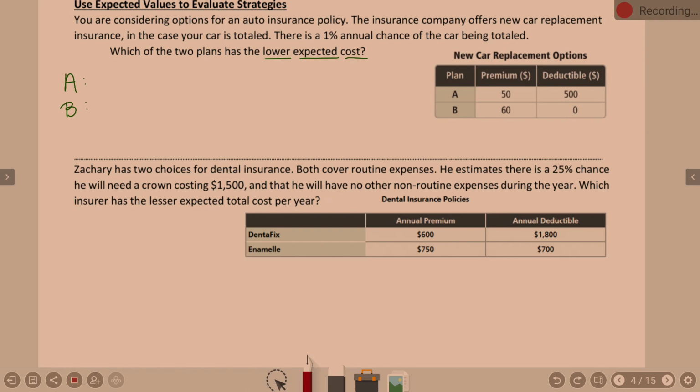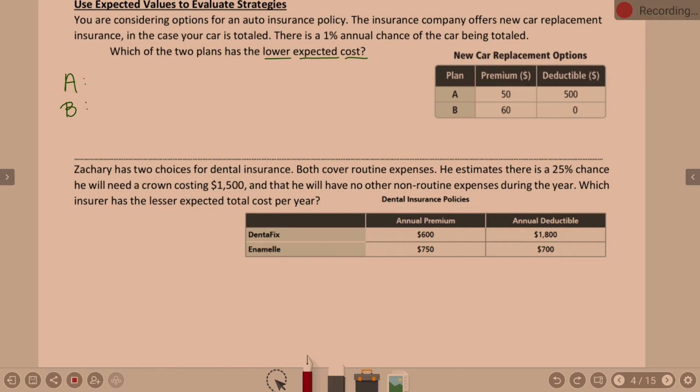Maybe it's just to get that deductible. I don't know. And in that case, it's a $500 deductible. So if you have to use the insurance, you're going to pay $500. Plan B, it's a $60 premium. So you're paying a higher cost, but zero deductible. Okay? They fully cover it.